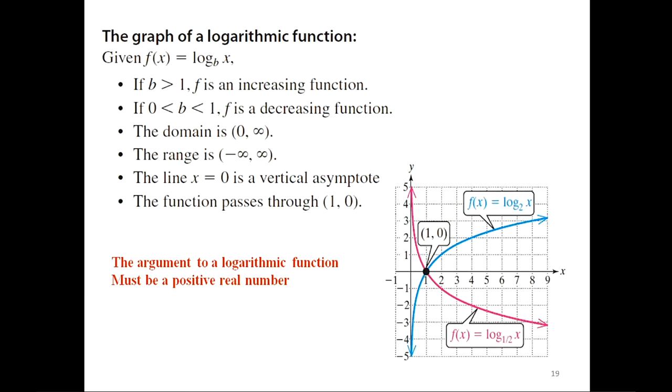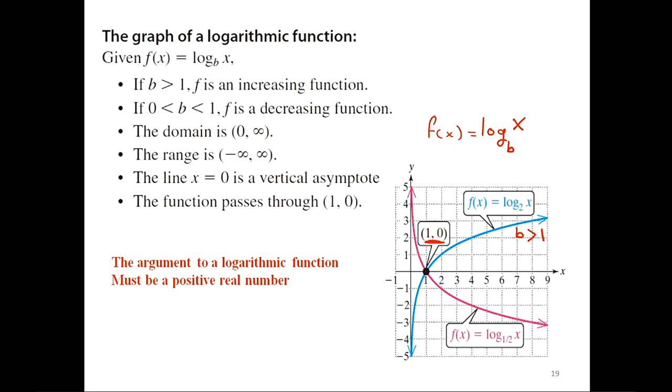The graph of the logarithm depends on the value of the base. So we have two graphs. We have increasing if b is greater than 1. If f of x equals logarithm x to base b, and b, for example 2 or 3, is greater than 1, this is increasing and passes through 1, 0.